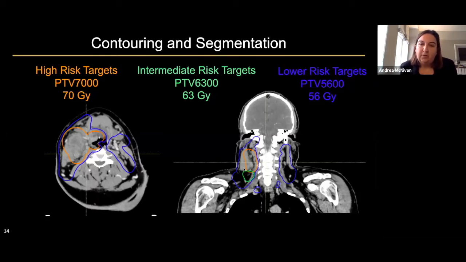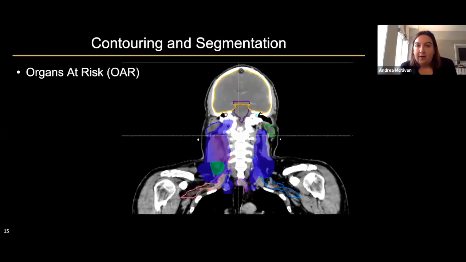In certain patients, we might have intermediate risk targets, which are receiving an intermediate dose, and then often really large volumes that are receiving a lower dose. And you can see these volumes can be quite large, and you can tell we are covering a lot of normal anatomy close to that as well, which brings us to the importance of contouring the organs at risk.